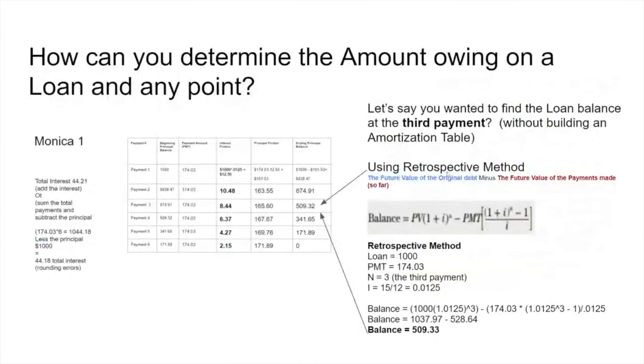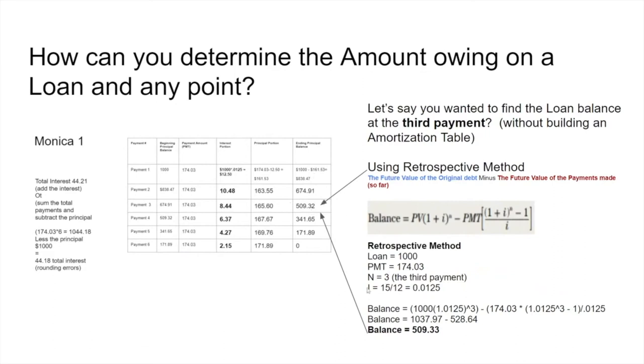So let's take a look. Here's the retrospective method, here's the formula, same thing, but let's pull out some of the data. The loan was $1,000. The payment was $174.03, based on the payment calculation we did earlier on. The number of periods is 3, since we're at the end of the third period.